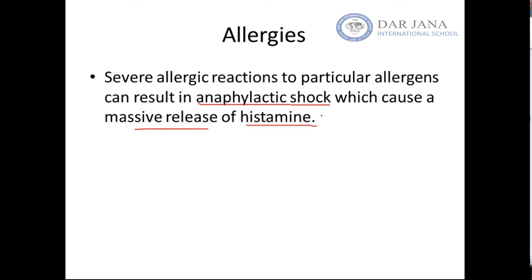So usually in common allergy, the white blood cells release histamine, while in anaphylactic shock, the body will release a massive amount of histamine, a huge amount of histamine. This will lead to anaphylactic shock, severe allergy.